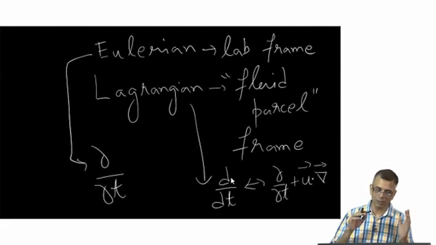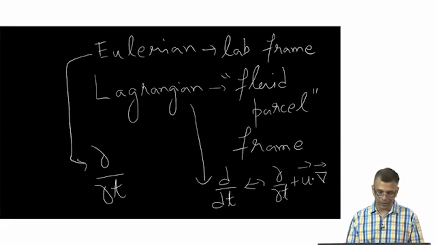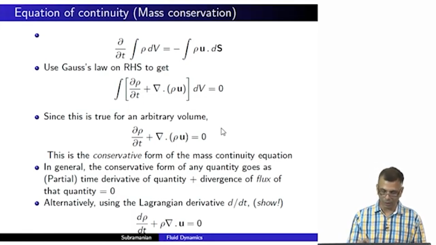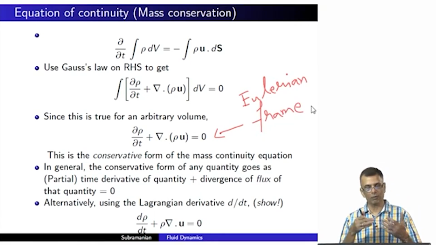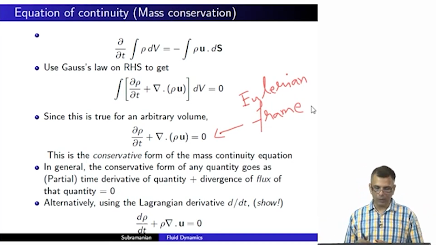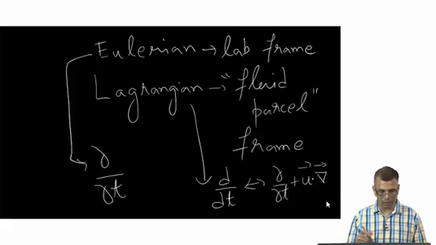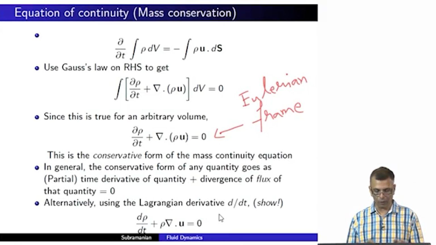So this is how the time derivative in the Lagrangian frame and the time derivative in the Eulerian frame are related, and this entire thing is written in the Eulerian frame. In other words, the lab frame in which the observer is standing outside of the fluid flow and he or she is watching the fluid flow by. And you can relate it to the Lagrangian way of looking at things.